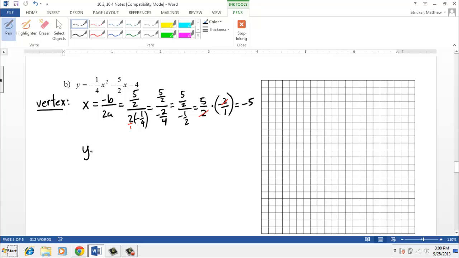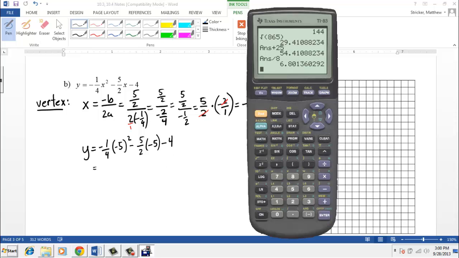And we can find the y value by plugging that back into x. So we could have negative 1/4 times negative 5 squared minus 5 halves times negative 5 minus 4. Let's go ahead and do this on our calculator.